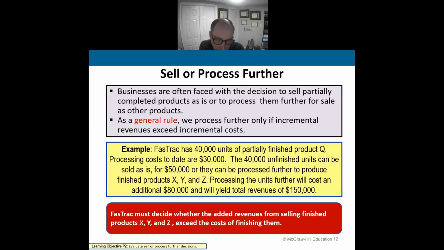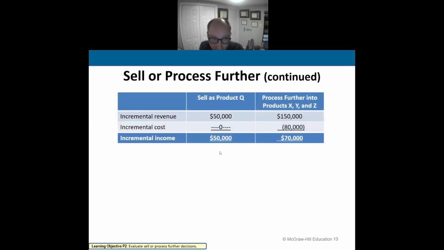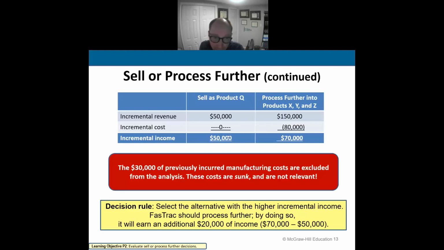So of course, the decision is: does the added revenue from selling the finished products exceed the cost of finishing them? The answer is, of course, yes. Looking at what we just did, we looked at the incremental process: 150,000 minus the 80,000 would be 70,000 in additional revenue.